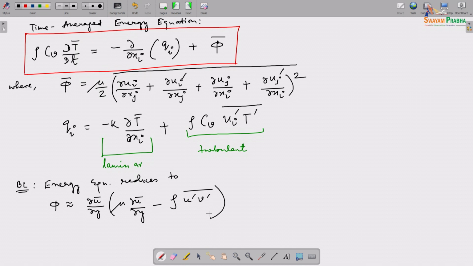What are the total number of terms here?